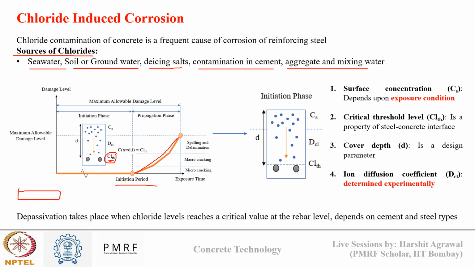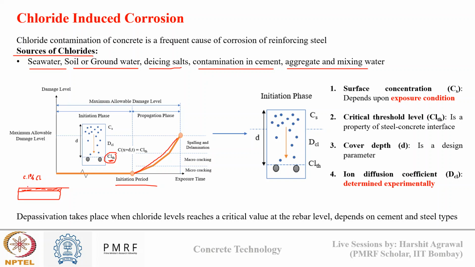This passive layer won't just break once chloride reaches the surface. It is not like suppose 0.1% of chloride reaches the surface, so the passive layer will break. No, it won't happen like that until there is a certain critical threshold of chloride at this interface. Once the chloride reaches this interface in a certain critical threshold, only at that point does the passive layer break.